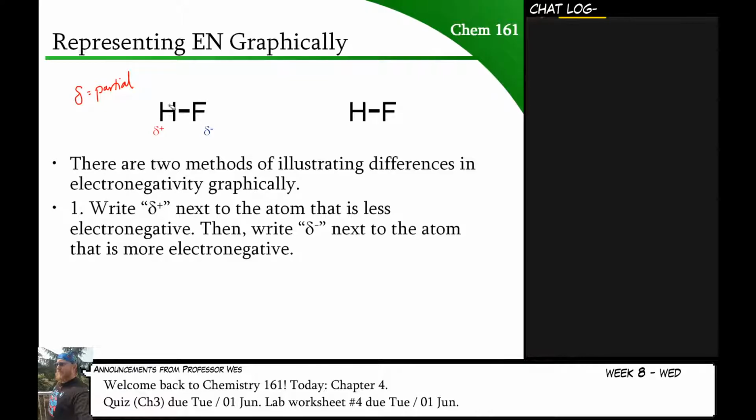So we write the partial symbol here to represent that part of an electron has been moved. Obviously, you can't dice up electrons into tiny pieces. But if the electrons are moving really quickly, and you take a snapshot at any instant, most of the time they're going to be on the right, and the rest of the time they'll be on the left. These symbols just represent that statistical average.